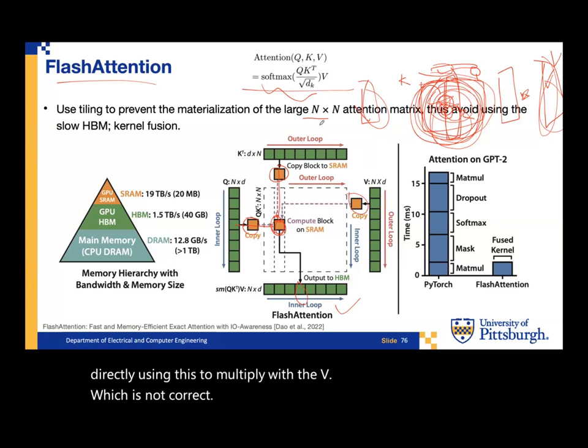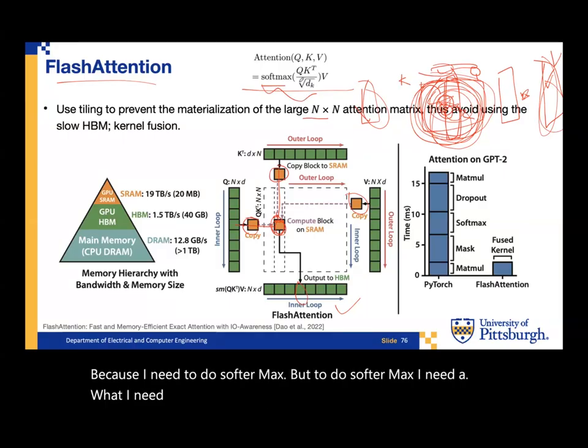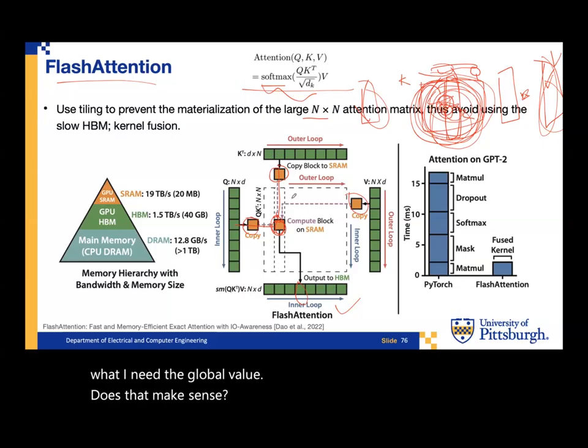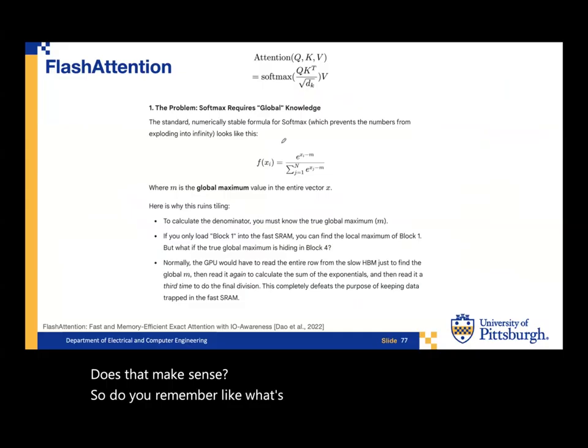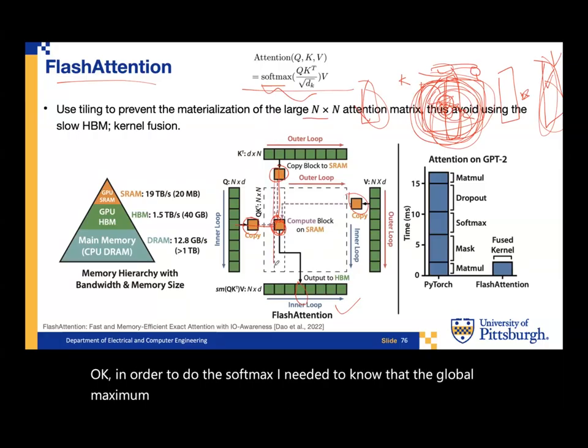Because I need to do softmax, and to do softmax, I need what? I need the global value. Does that make sense? This is the softmax equation. In order to do the softmax, I need to know the global maximum number for this entire row, so I can calculate the softmax for the whole column.